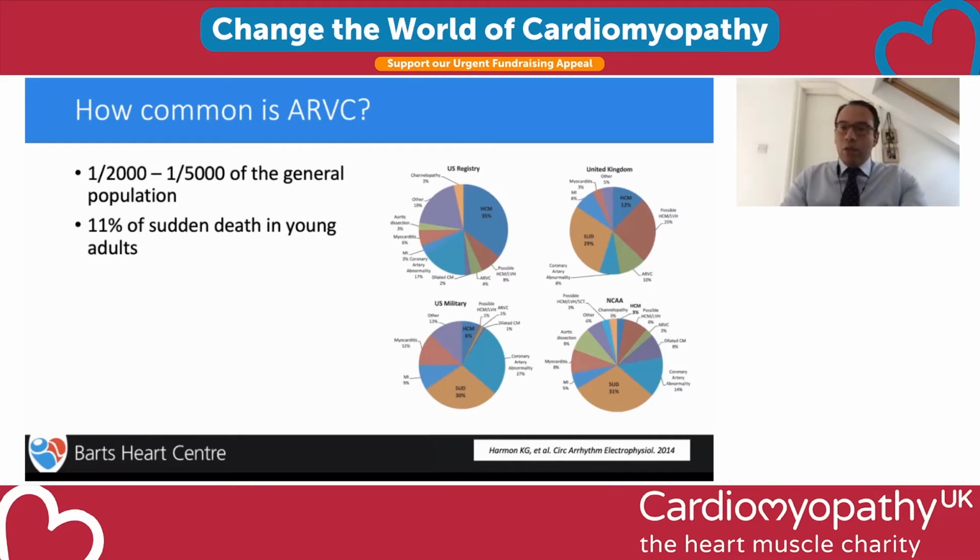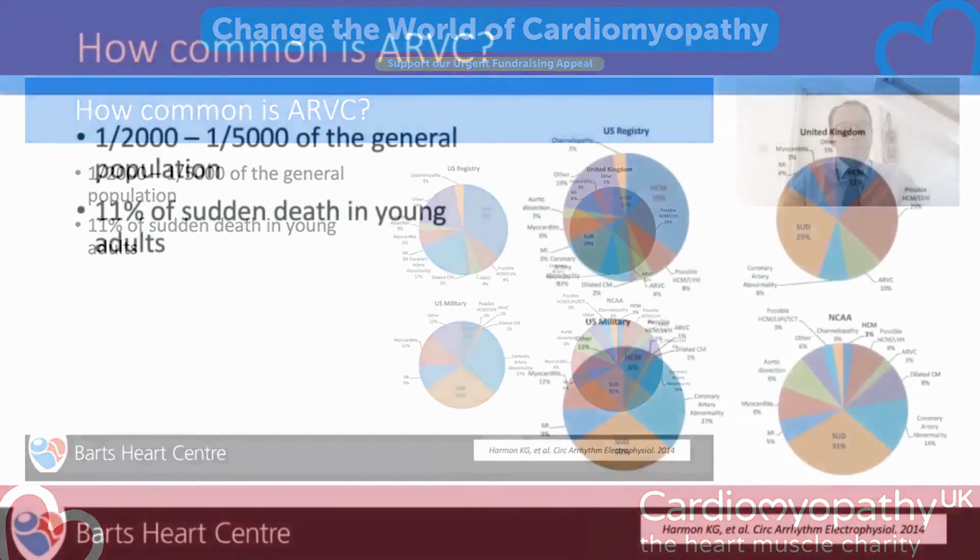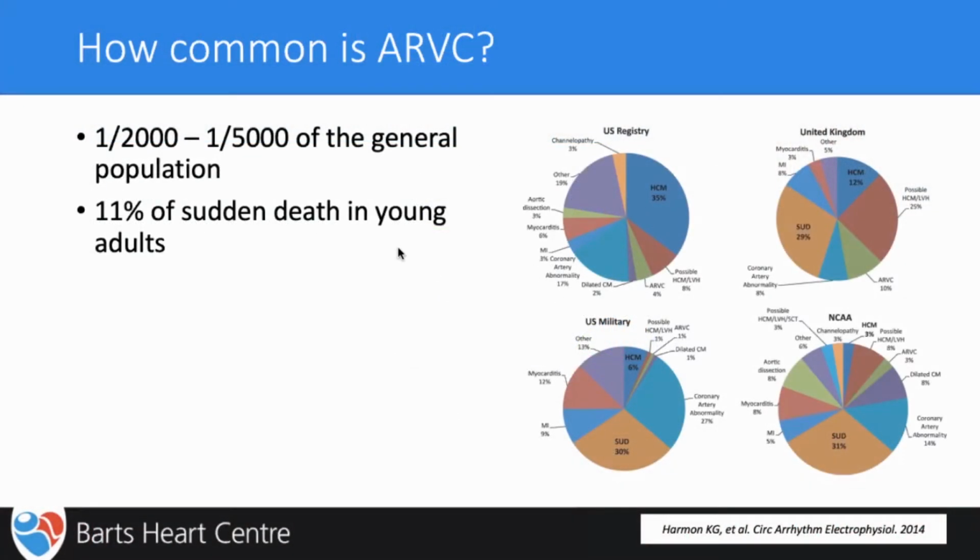In the UK, we think it's roughly about 10% of the sudden death syndromes. In the US military, it seems to be quite a bit less, given the screening. It's about 1%, and in the registry, 4%. And in the national registries, around 3 to 4%. So I think these are probably the numbers. And we know that in about 11% of sudden death in young adults, ARVC is really the cause of that.